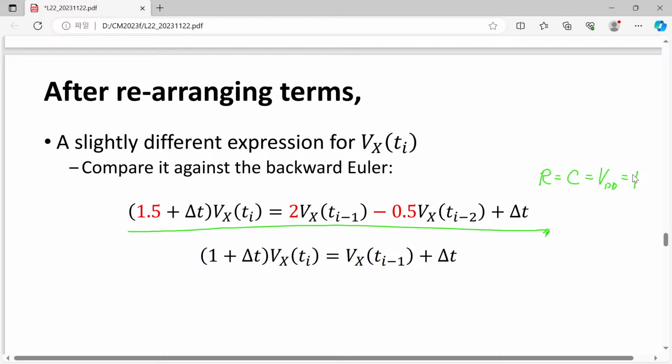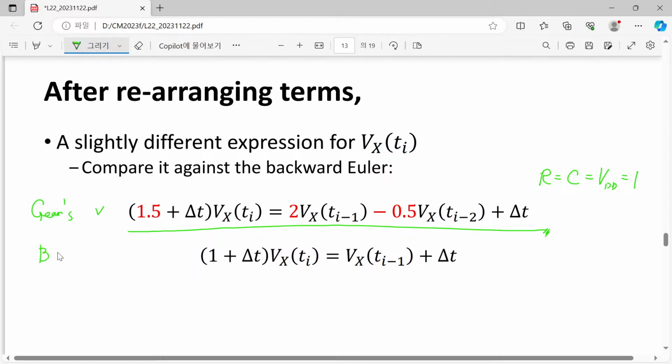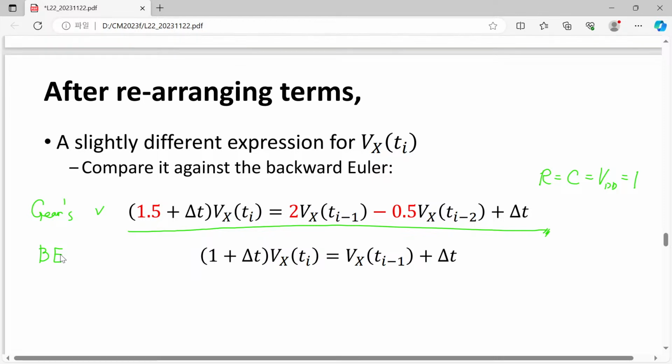Please make a comparison between your new expression with Gear's second order method, and this is your backward Euler. The difference is highlighted here in red.